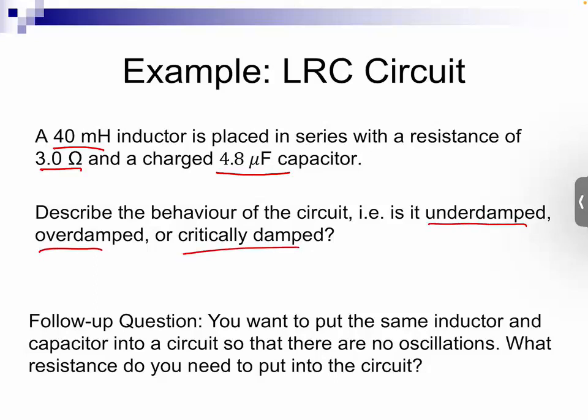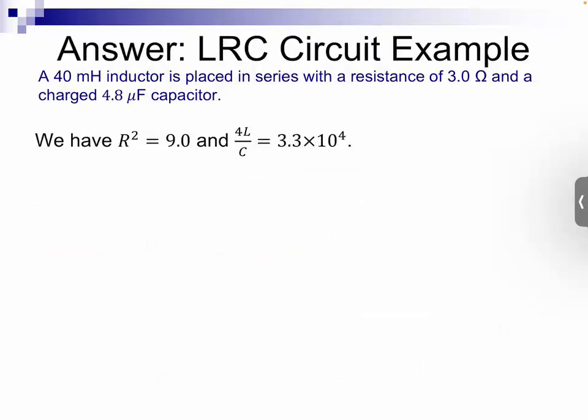And then as a follow-up, how should we modify the resistance in the circuit in order to have no oscillations between the inductor and the capacitor, right? No energy transfer between the two, in essence.